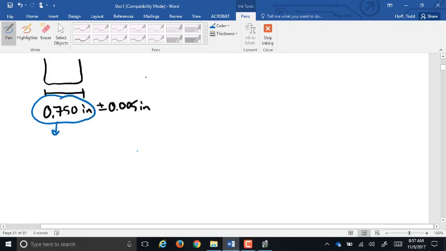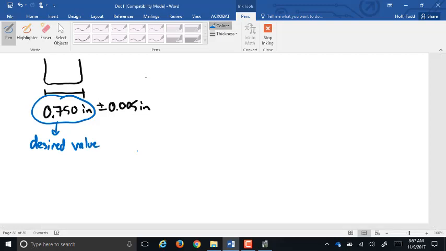Yeah, this 0.750, the 750 thousandths of an inch, is called a desired value. It is sometimes referred to as the ideal value. In an ideal world, in a perfect world, you want that piece to be 0.750 inches, period.